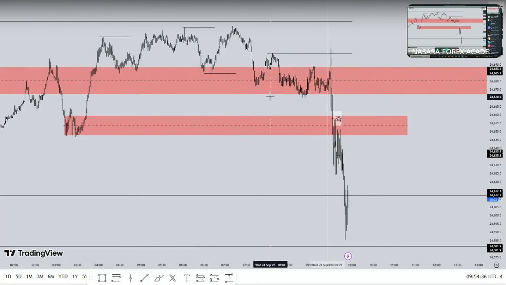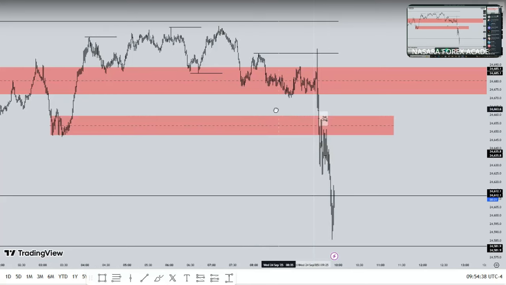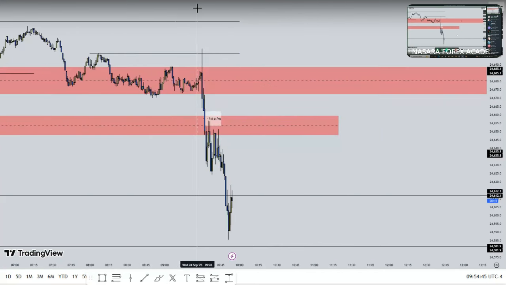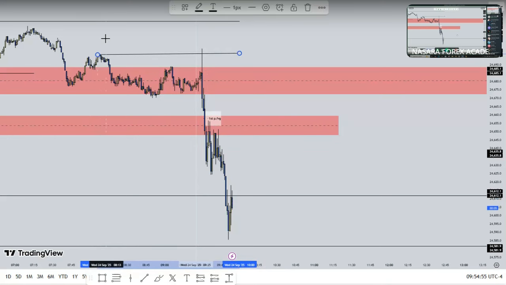So if I am bearish, I will wait for price to take a high. Right, this is time. You can see this is time 9:30. So I will just take the swing high that is close, that's a recent one. This high is not a recent swing high on the 15-minute time frame, right?